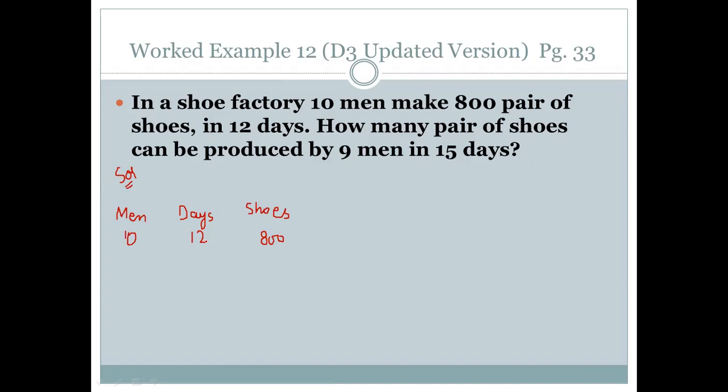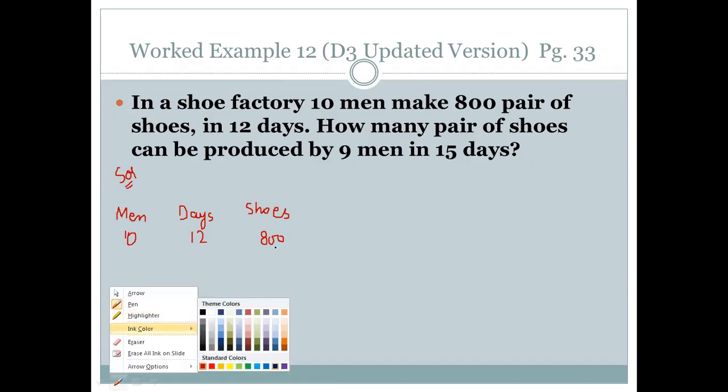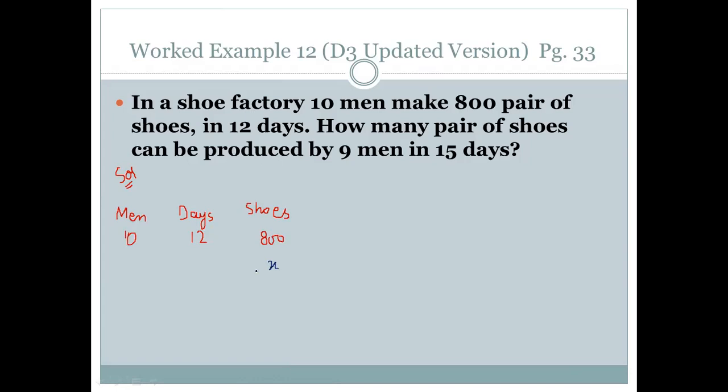Now we have to remember one thing. Whenever we have any unknown, we can represent it by any variable like x, y, a, b, c. So I am going to use x for shoes over here. Then we have how many days? 15 days, and 9 men can make how many shoes in 15 days.